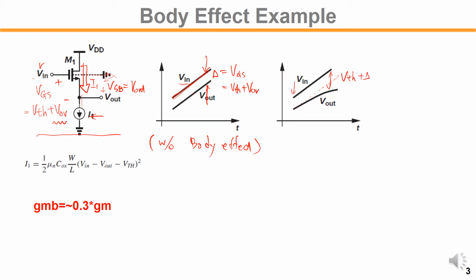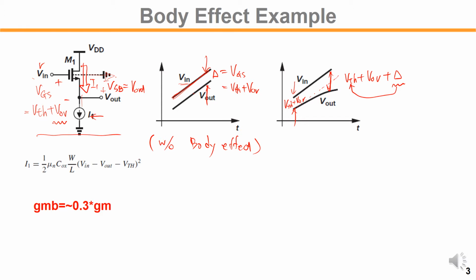So for small voltage, we have a difference of VTH plus V overdrive. But for higher input voltage, we get the difference of VTH plus V overdrive plus an extra delta voltage that is caused by the larger VTH.